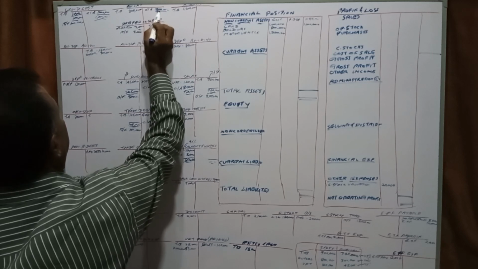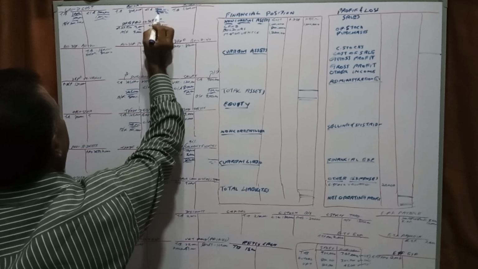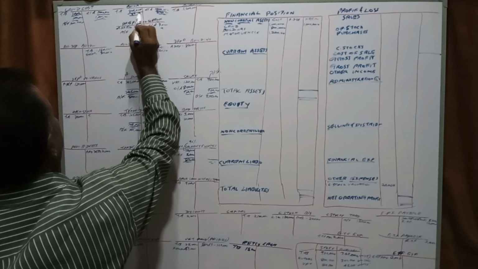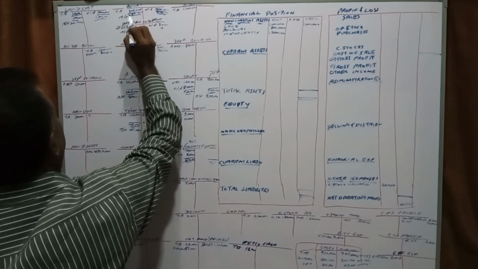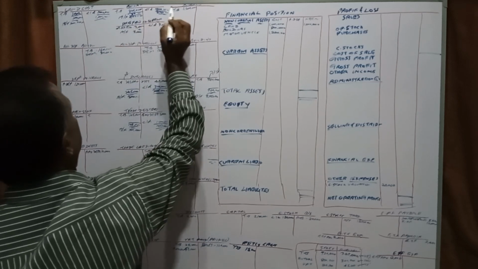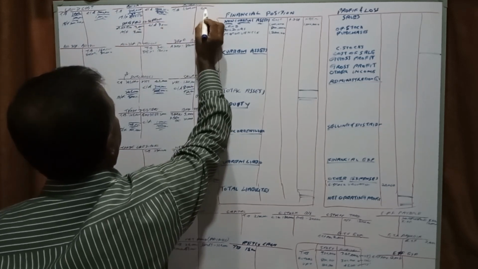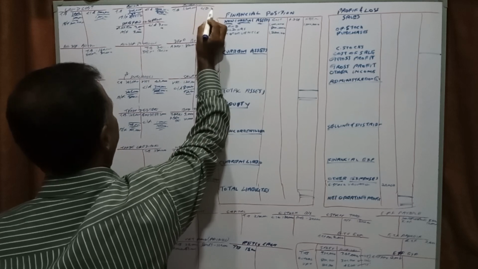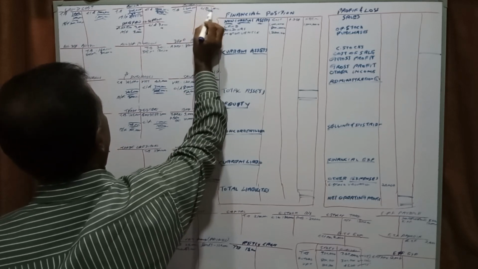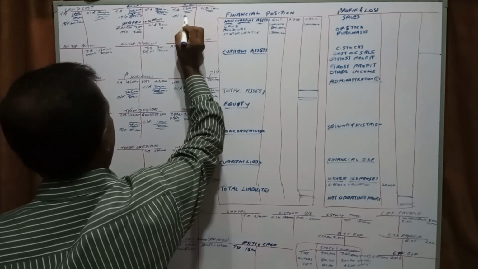Buildings carried down 800,000, brought forward 800,000. Like that, motor vehicle also carried down 1,200,000 and brought forward 1,200,000.